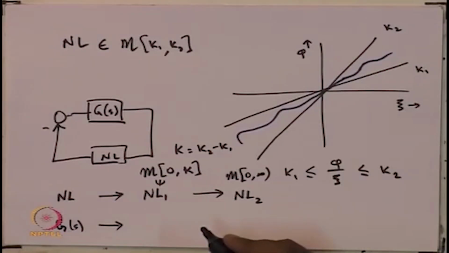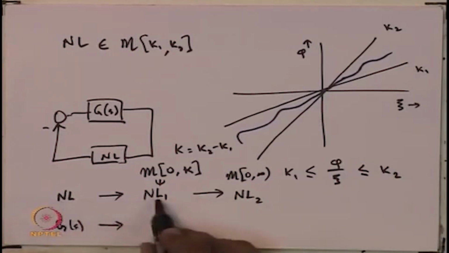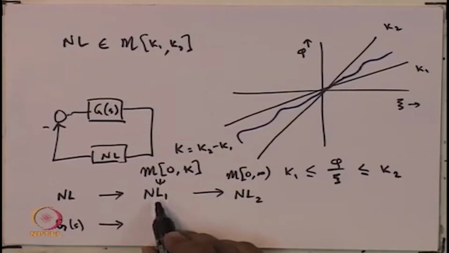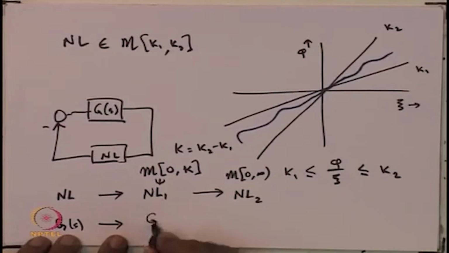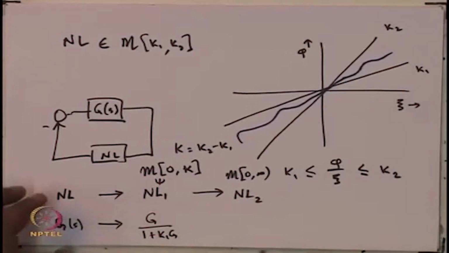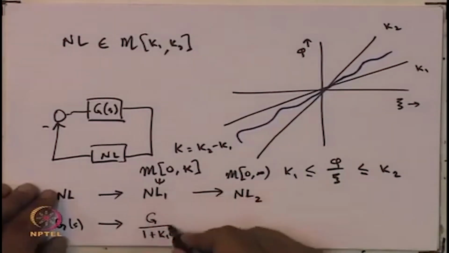So, the way it gets transformed is when you take the nonlinearity NL to NL1, then the linearity gets transformed to G upon 1 plus K1G. Okay, so this becomes the new linear plant with this nonlinearity.